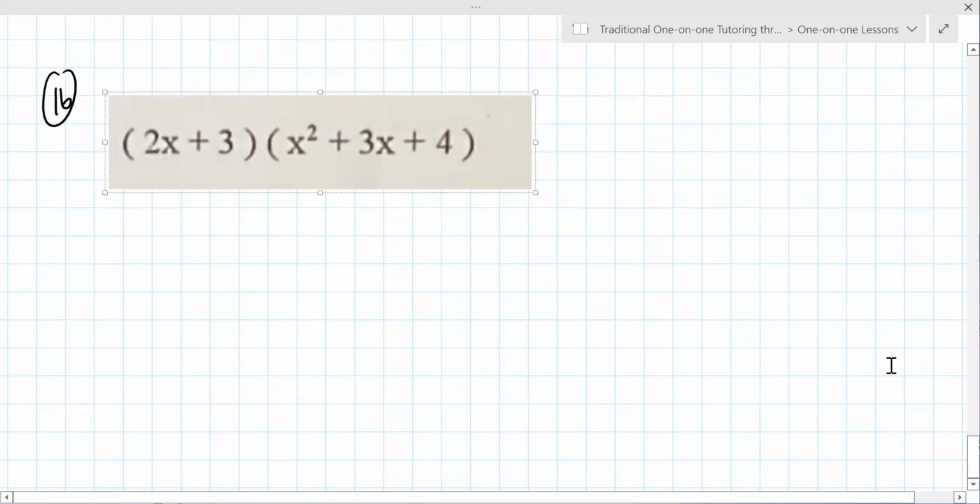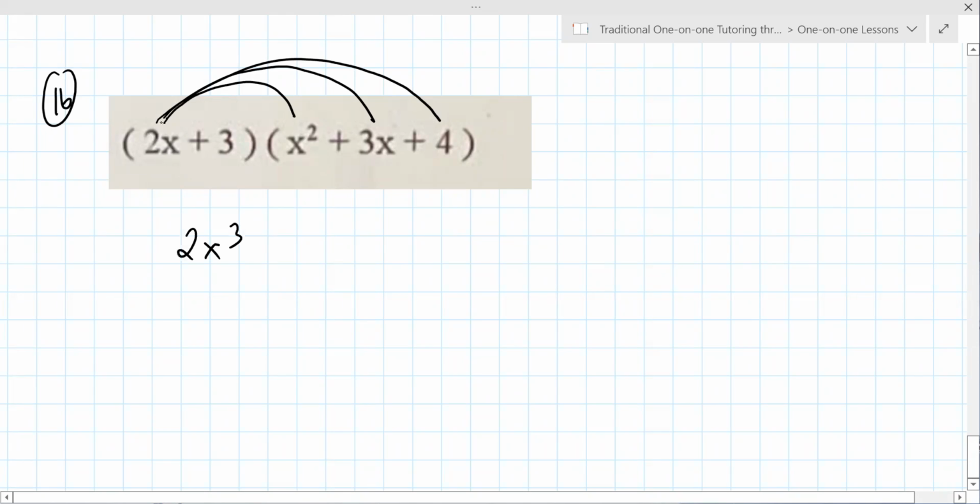What works is knowing that you need to take this 2x and multiply it by everything on the right. Okay, so you take the 2x, you multiply it by x squared, and that's 2x cubed. 2x times 3x, that's 6x squared. 2x times the 4 is positive 8x.